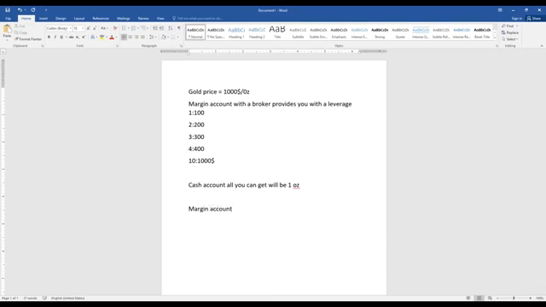Now, with a margin account, if you're getting 1 ounce for $10, how many ounces can you get if you've got $1,000 in your account?